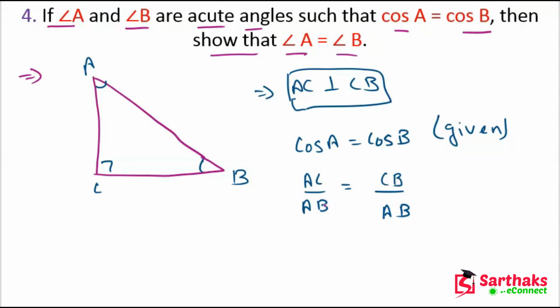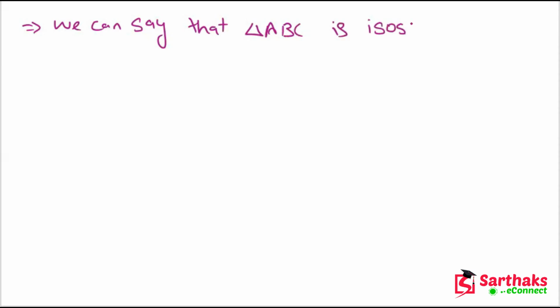We observe that AB can be cancelled, so we have AC is equals to CB, which states that triangle ABC is an isosceles triangle.